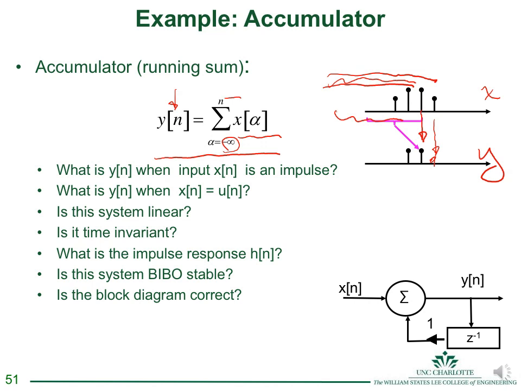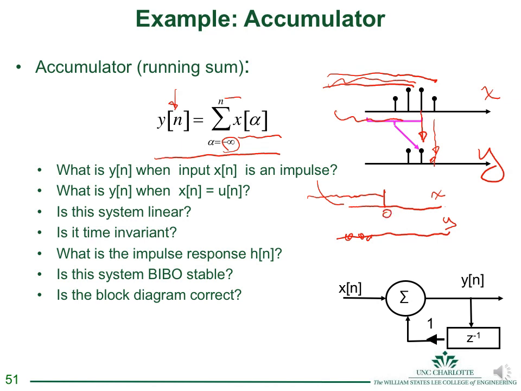And so if my input is an impulse, what is the output? If this is x and this is y, the accumulator, if I add all the values up to here, well, they're all 0, 0, 0, all the way up to the point where I hit n equals 0. And at n equals 0, I add the value 1 of the impulse, and so that sum becomes 1.